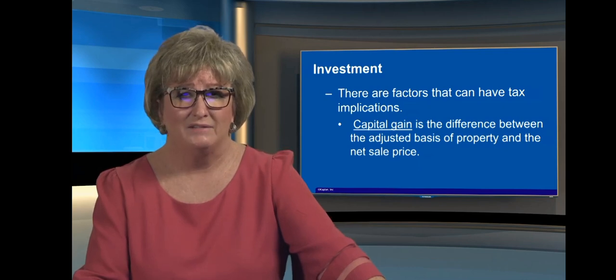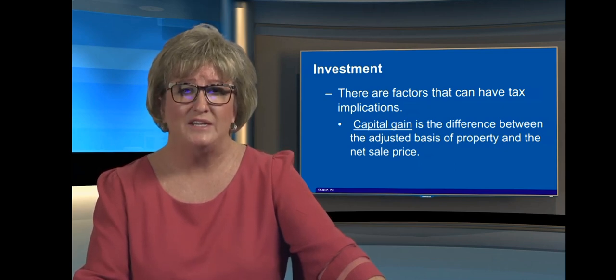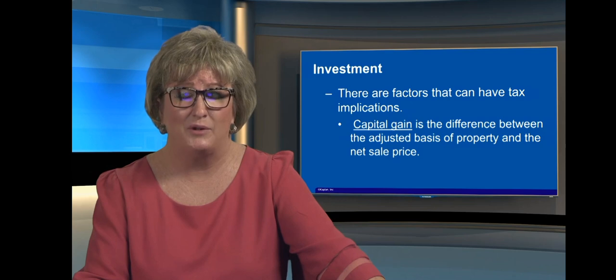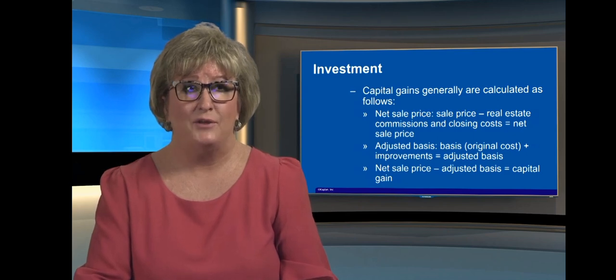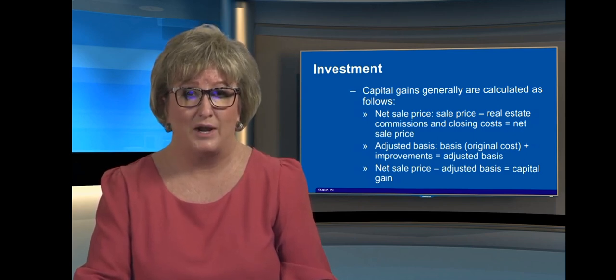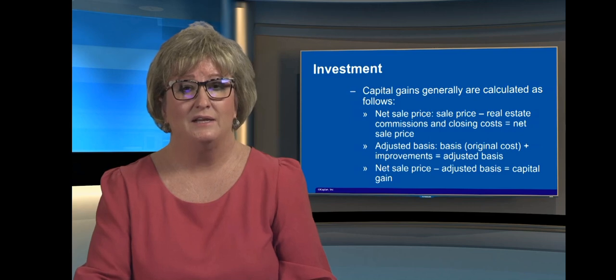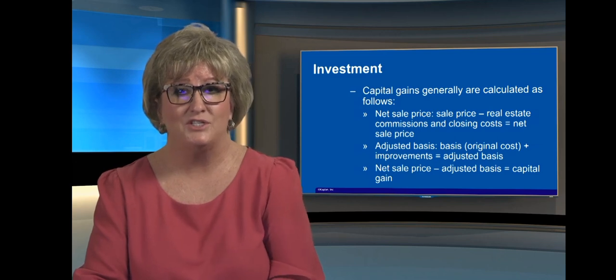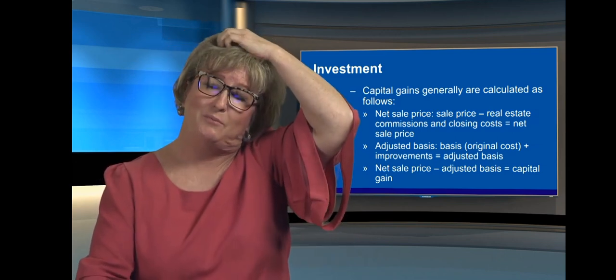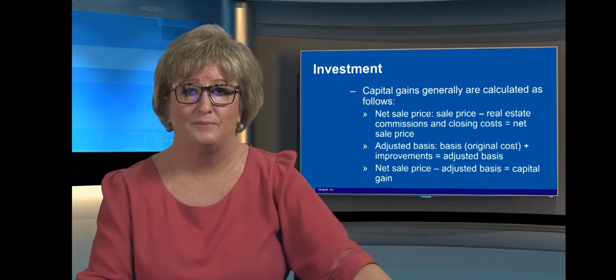Capital gain is the difference between the adjusted basis of a property and the net sales price. And we calculate the net sales price by taking the sale price minus real estate commissions and closing costs, and we come up with the net sale price.